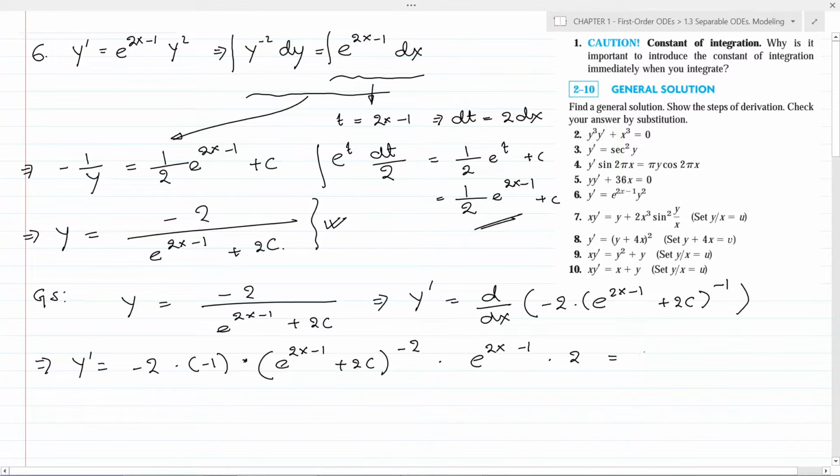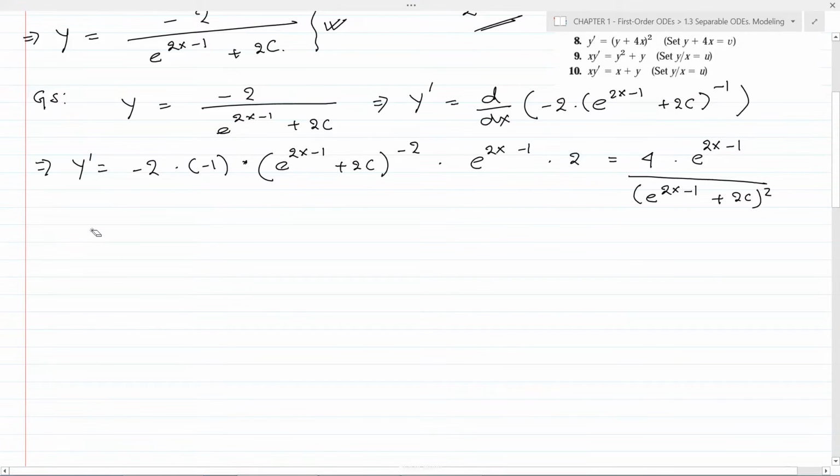We solve the right hand side and we get 4 multiplied by e to the power 2x minus 1 divided by e to the power 2x minus 1 plus 2c square.